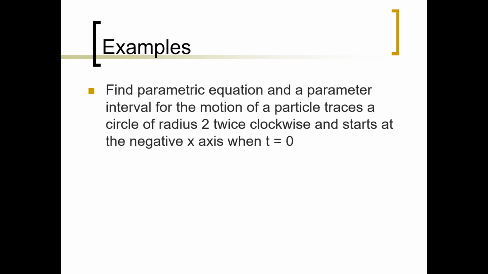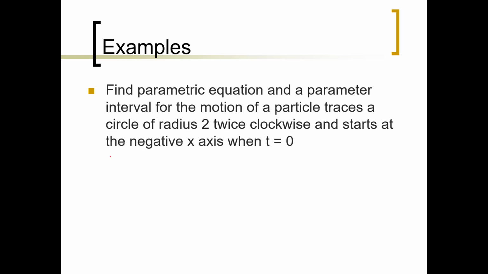So I'll do another example. Let's try to find a parameterization for the circle that is traced out clockwise, whose radius is 2, and it's traced out twice, and starts on the negative x-axis. In order to do that particular problem, we'll start with a formula that we know gives a circle.